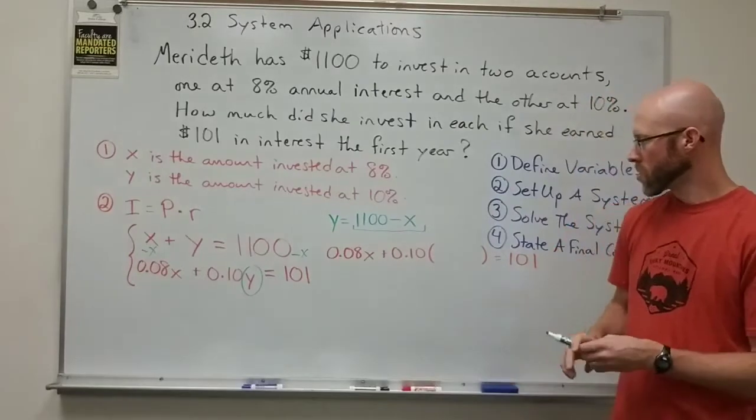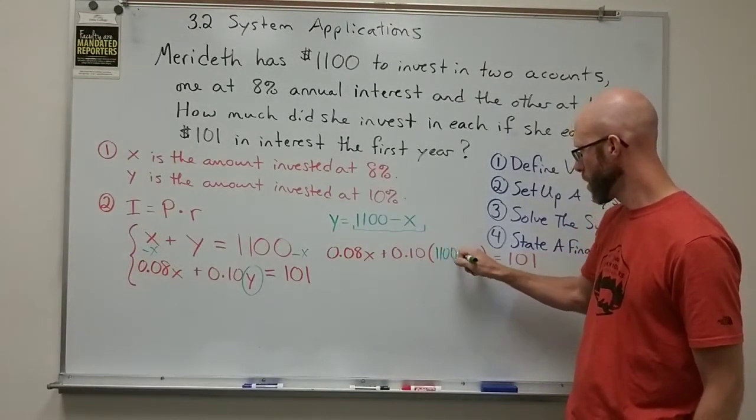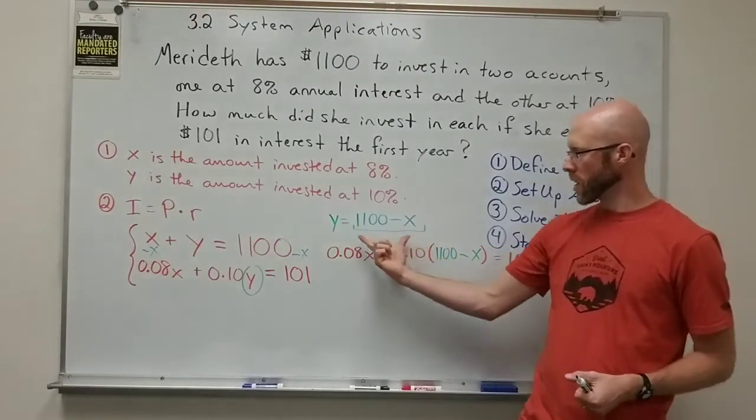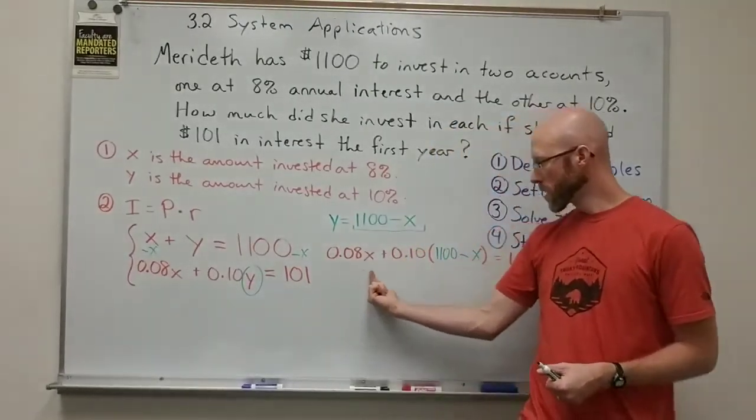This new quantity is the 1100 minus x. So all I've done is take 1100 minus x and substitute it in for y to get this new equation.